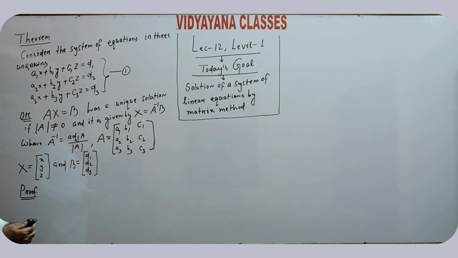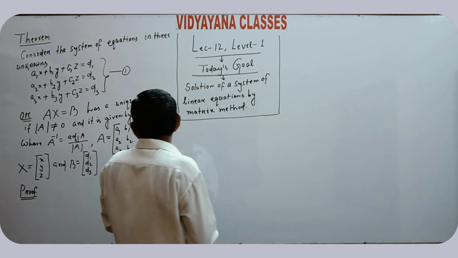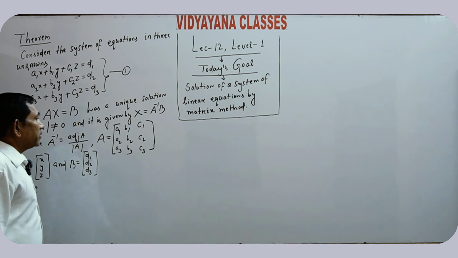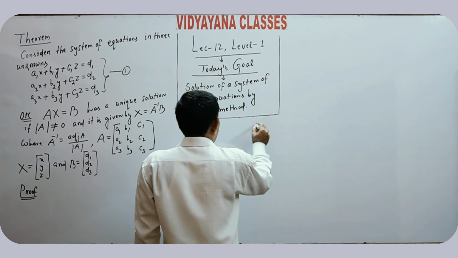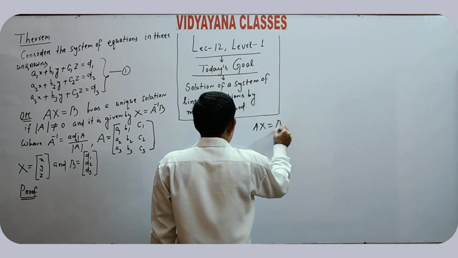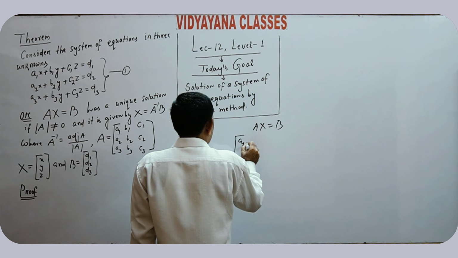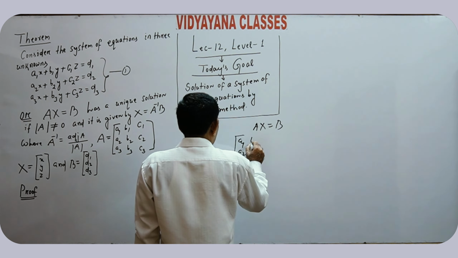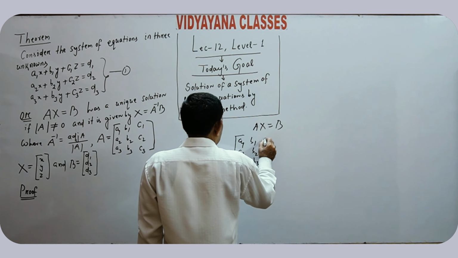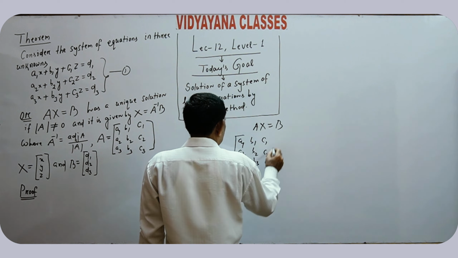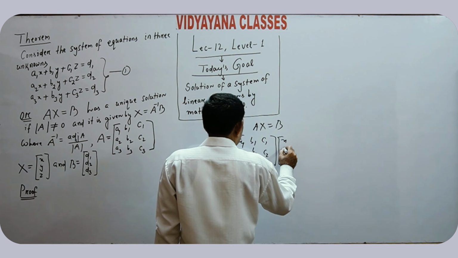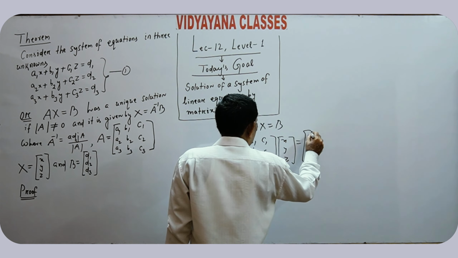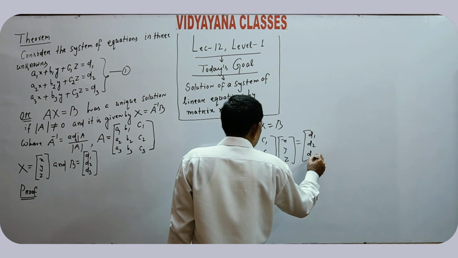The system of equations can be written as AX is equal to B. Since AX is equal to B, A means a1, a2, a3, b1, b2, b3, c1, c2, c3. X means x, y, z. B means d1, d2, d3.